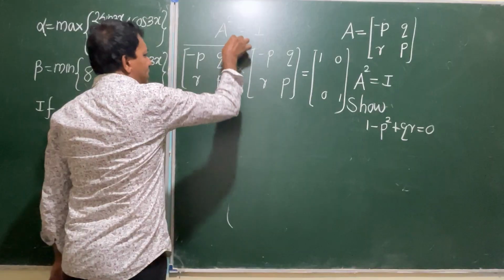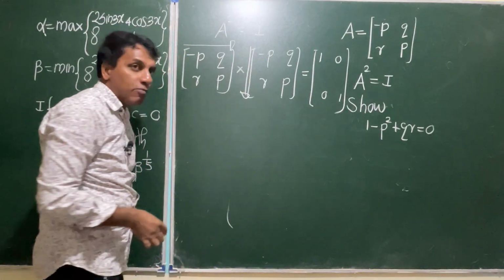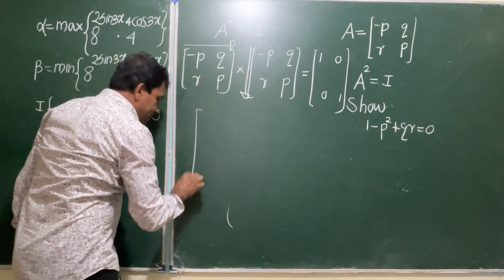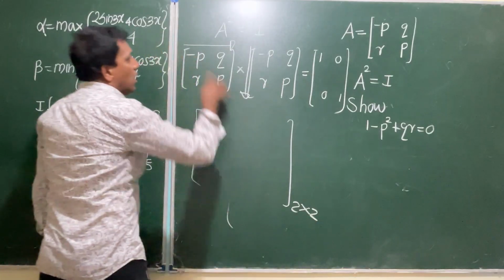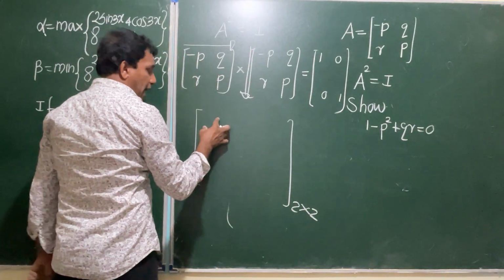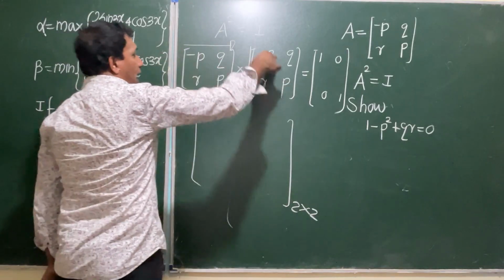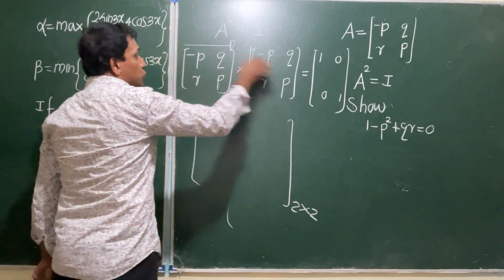How to multiply the matrices? Row-wise and column-wise, multiply and add. So the resultant order also becomes 2 by 2, right? These four elements, or entries, are multiplied and added. So this row and column.